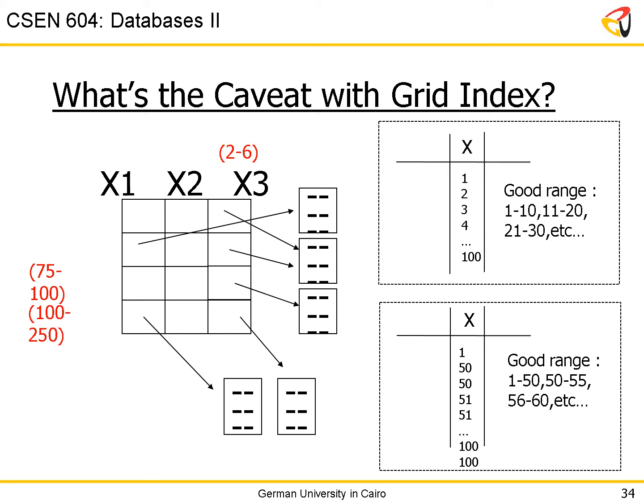So what's the problem there? Why did people invent other multidimensional indices and not just get used to using the grid index, since it sounds like it's going to solve all our problems? And here is the caveat, here's the big issue with grid indices.